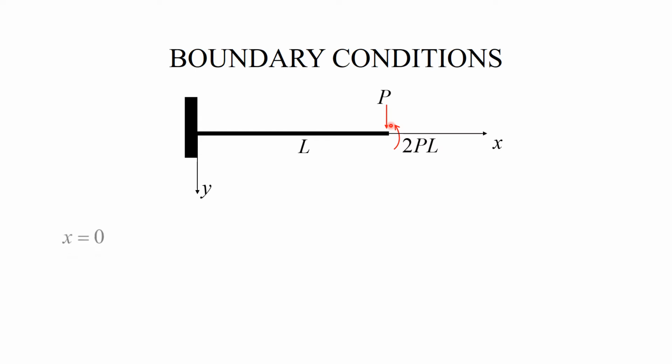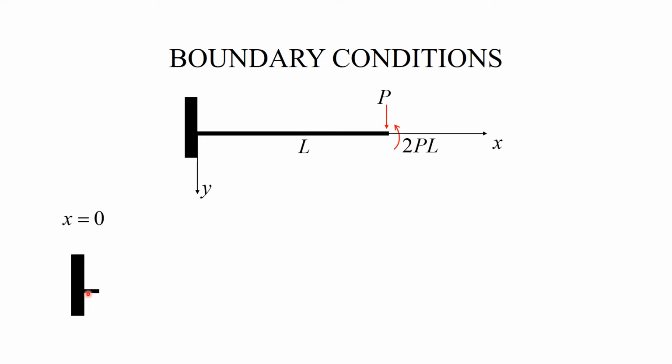So let us begin. At x equal to 0, I see the wall. What is known about the wall, of course, is that it constrains both the translation and rotation.